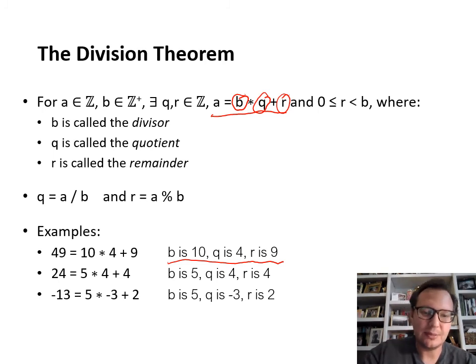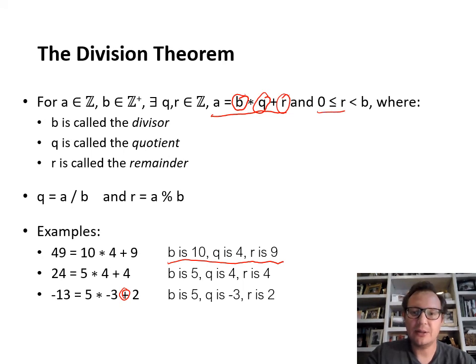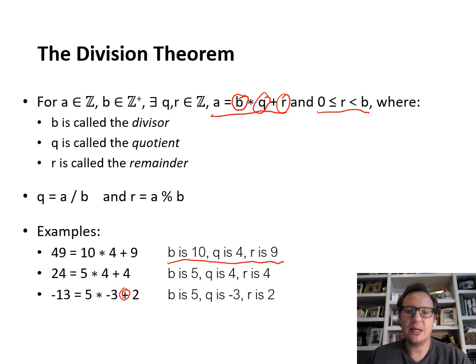We are looking for this plus here. And r has to be greater than or equal to 0. So the remainder can never be negative. So remember that. The remainder can never be negative. Okay, so that's the division theorem.